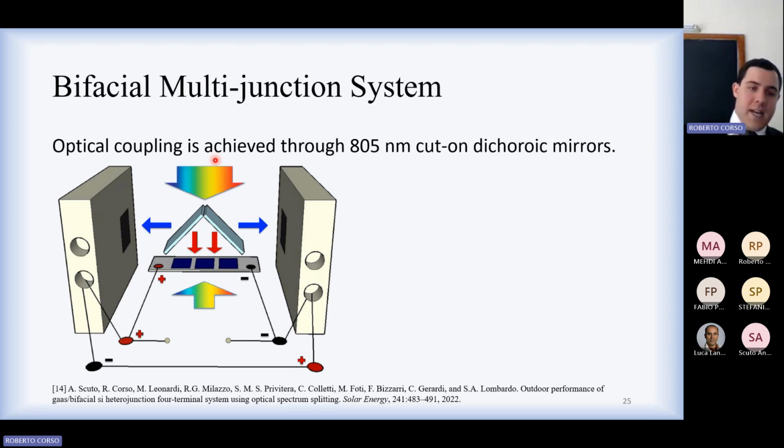The idea is that these dichroic mirrors will reflect visible light to the gallium arsenide cells and transmit infrared light to the bifacial silicon cells. These cells will also receive all the reflected light coming from the ground.